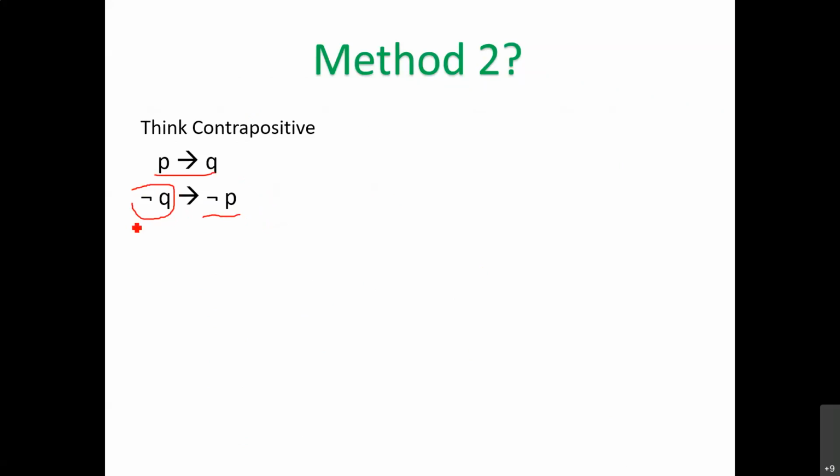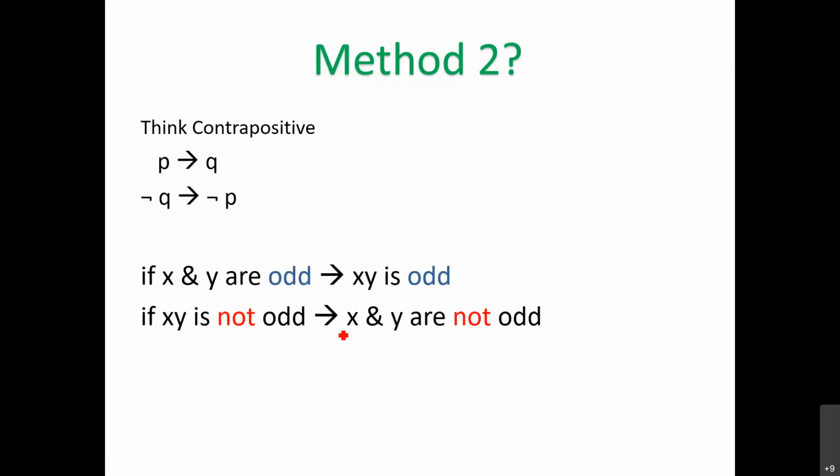So if you're able to prove the contrapositive, you just proved the original statement as well. Now, our original statement was: if x and y are odd, then the multiplication is odd. The contrapositive says: if the multiplication is not odd, then x and y are not both odd.